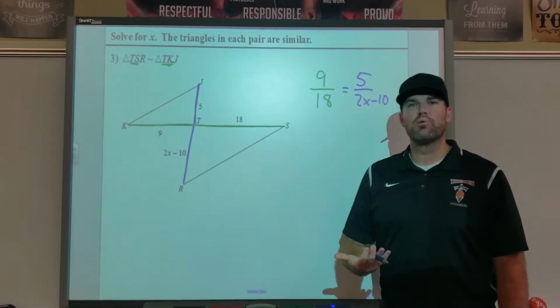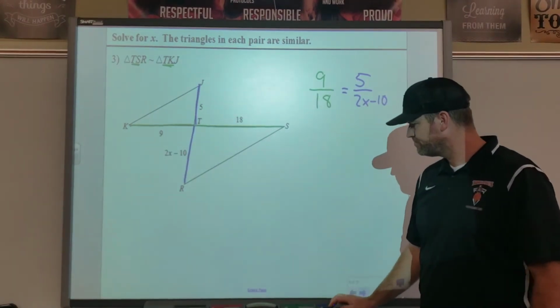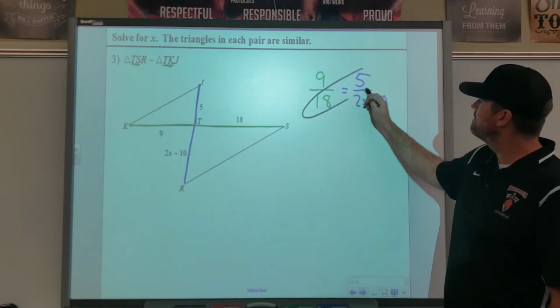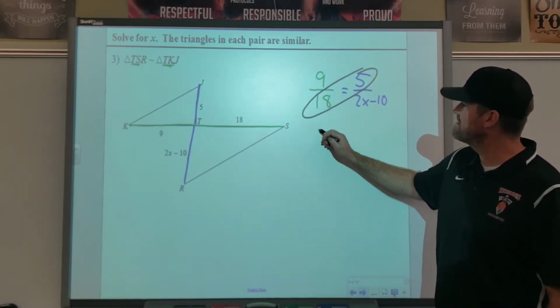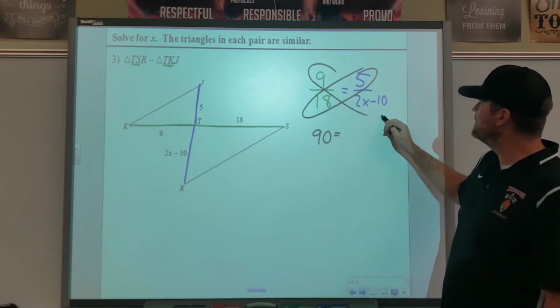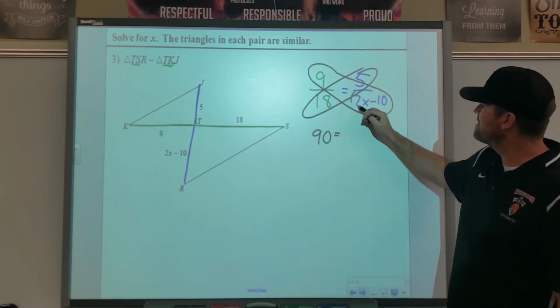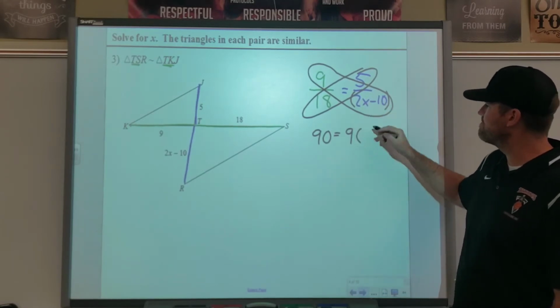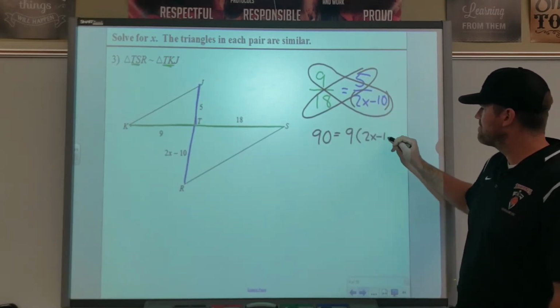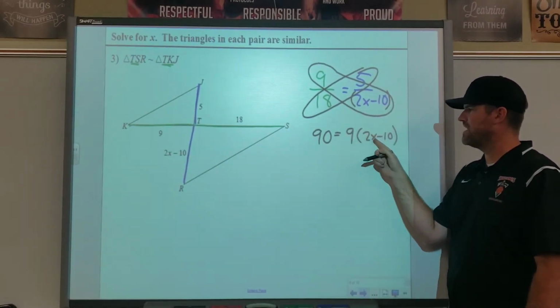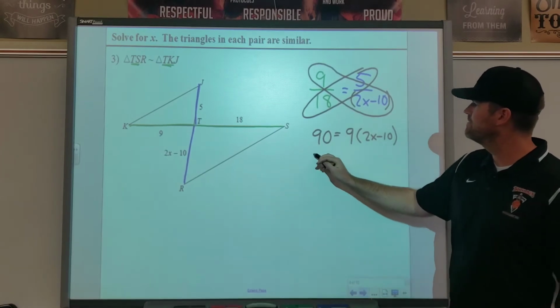Once we set up our proportion, we can go ahead and solve. So now I can cross multiply. 5 times 18 is 90. And then I have to be careful right here because I need to do 9 times this whole quantity. I need to do 9 times 2x minus 10. So I like to put that in parentheses to remind myself that I need to distribute that 9 to both of those terms.